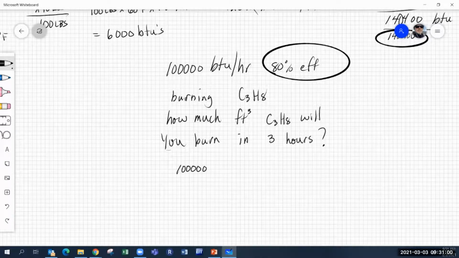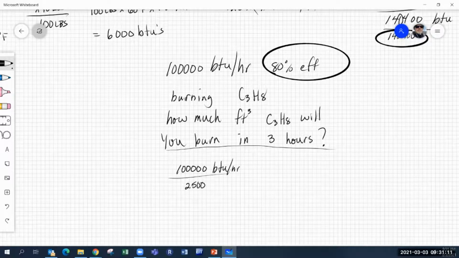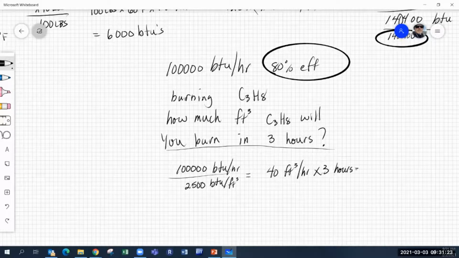It said how much will you burn in 3 hours? So that was correct. We have the 100,000 BTUs per hour divided by 2,500 BTUs per cubic foot will give us 40 cubic feet per hour times 3 hours. We will burn 120 cubic feet C3H8.